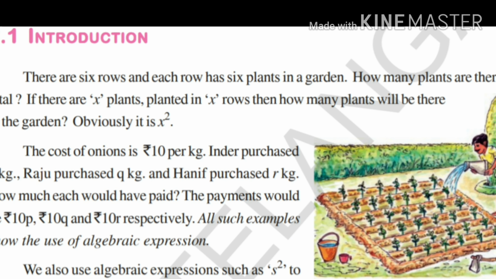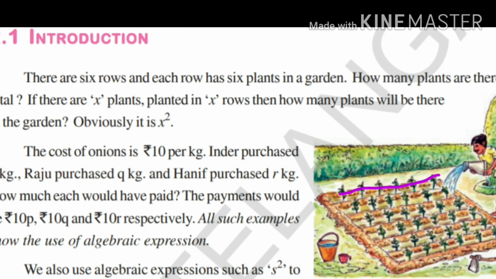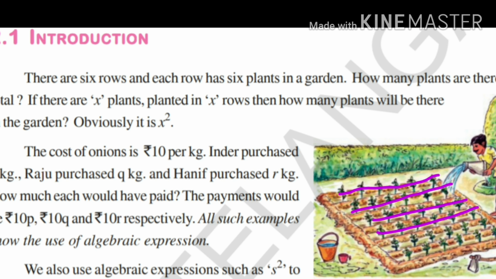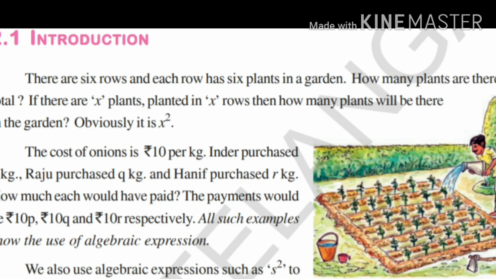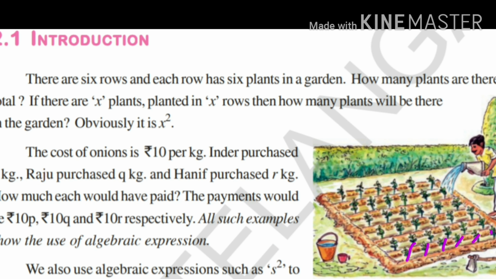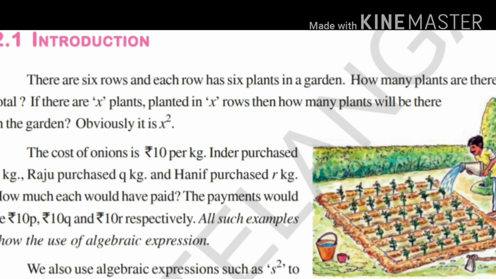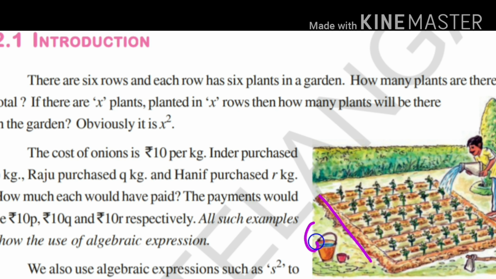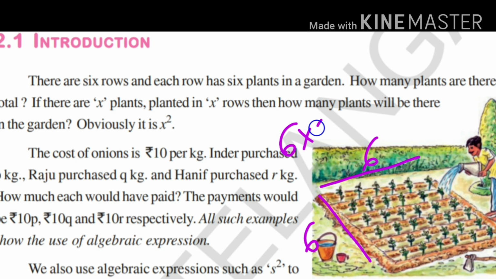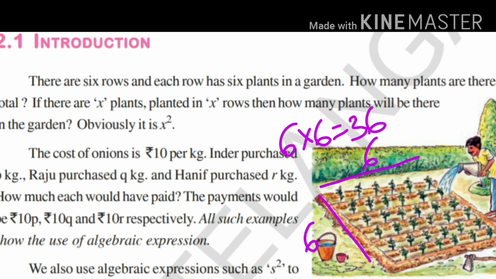If you observe the figure, there are 6 rows, and in each row there are 6 plants. So we have 6 rows and 6 columns, and the total plants in this garden become 6 into 6, that is 36 plants.